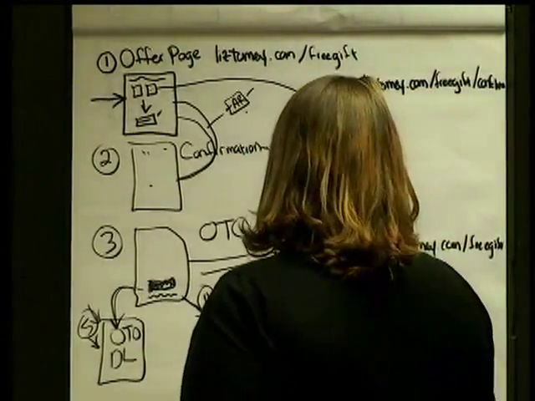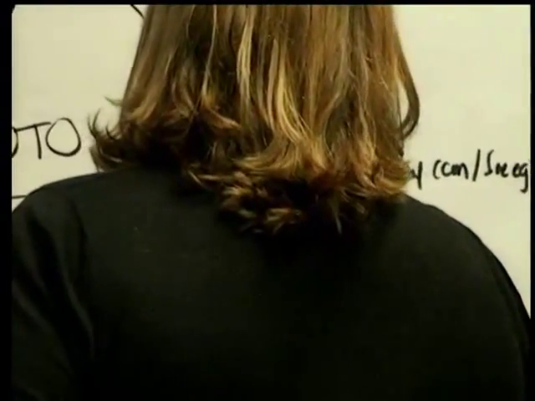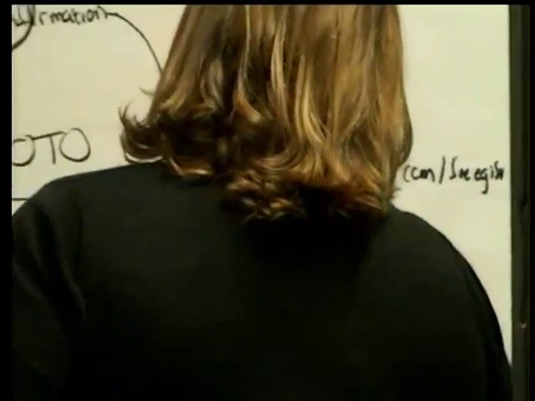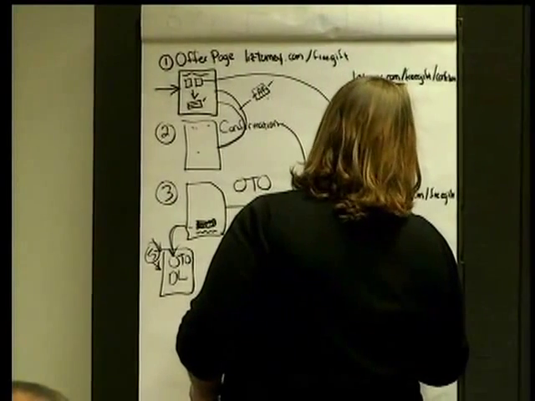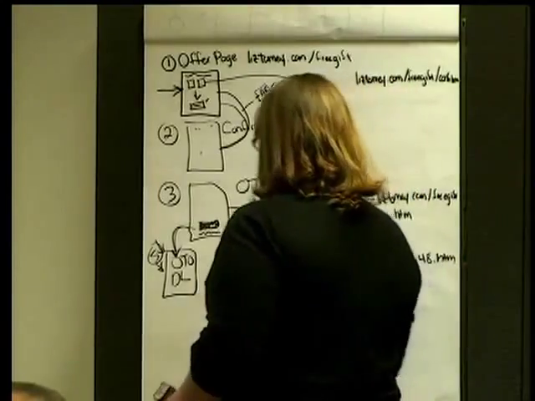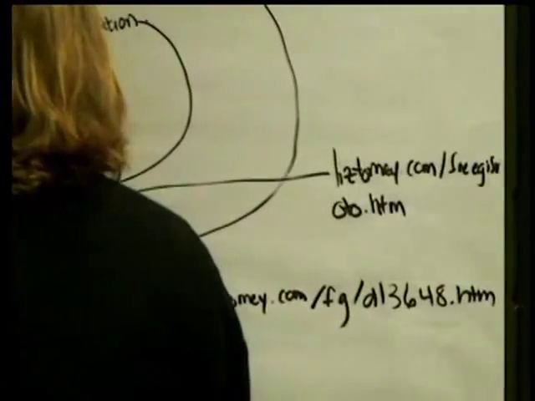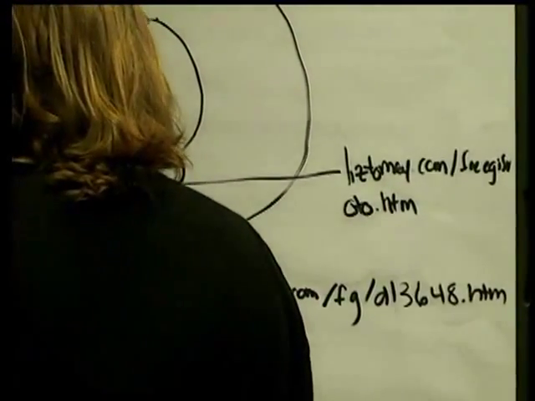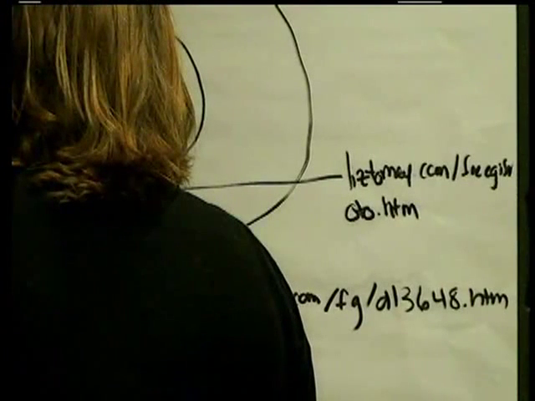For this one, it would be liztomey.com, we'll do free gift/DL3648.htm. For this one, again, liztomey.com, I'm just going to use quotes this time, /free gift/OTO/DL7932.htm. Is that making sense now?